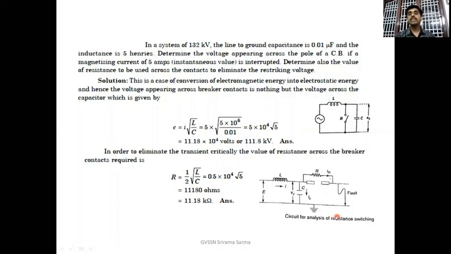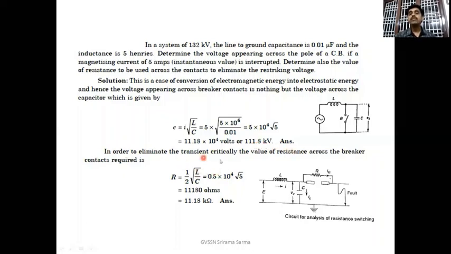First, let us see what the voltage is. E is equal to I root L by C. Substitute I, given as 5 amperes, L, given as 5 henries, and C, 0.01 microfarads. We substitute, we will get E, that is 111.8 kilovolts.